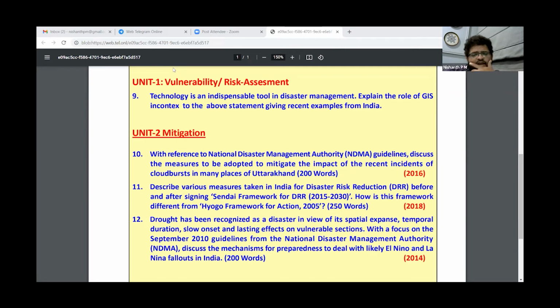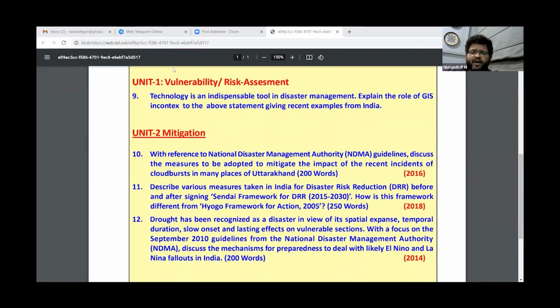And then you can say that India, being a very geographically diverse country and being at the fault line of the Gondwana land, is prone to more disasters, and also it has an ocean boundary on 3 sides. It's a subcontinent. It's basically prone to disasters.